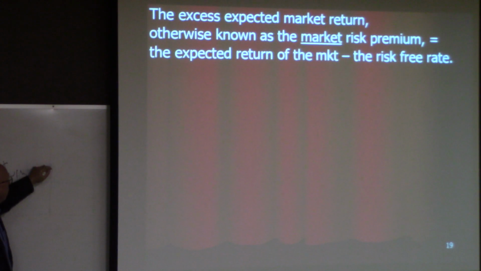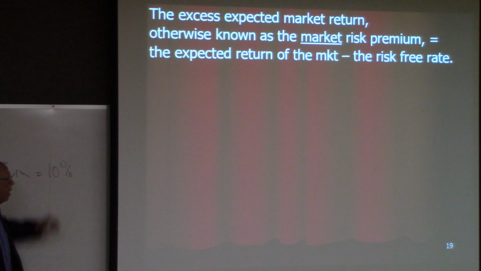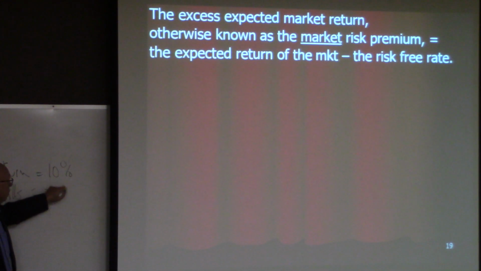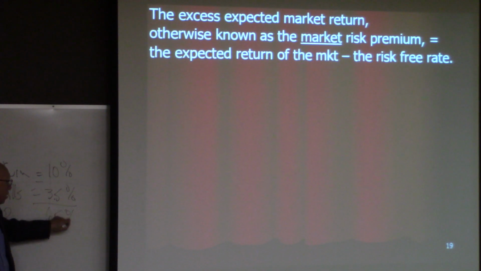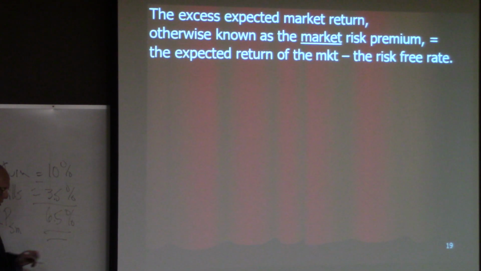Let's use an average number of 10%. And the historic return for T-bills is 3.5%. So the risk premium for the stock market is 10% minus 3.5%, 6.5%. That's the historic risk premium for the stock market. This is the excess return that people have earned in the stock market versus the Treasury bill, the risk-free rate. Okay?